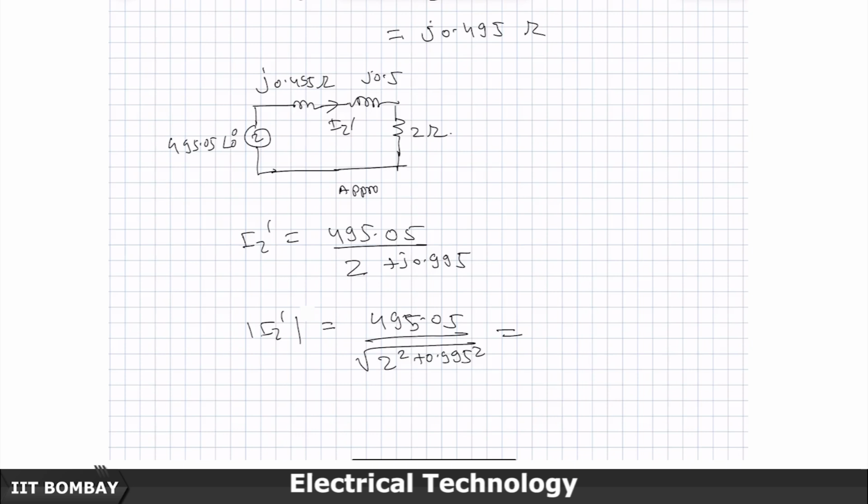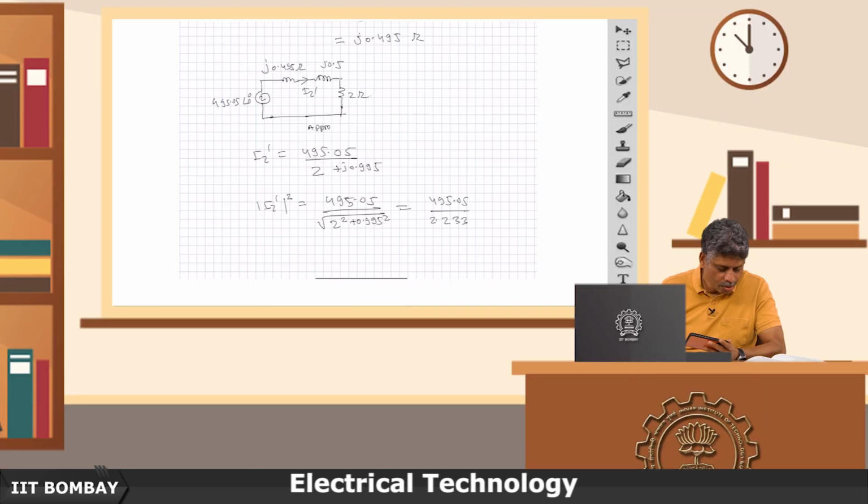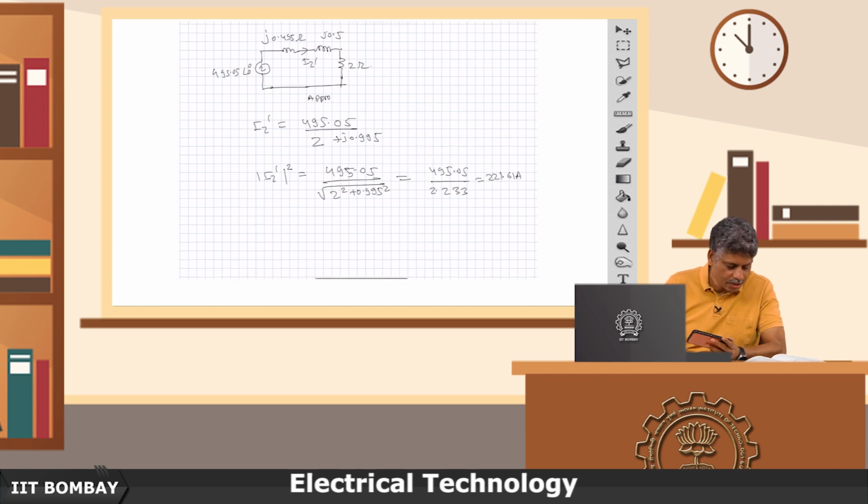The square root is 2.233, and 495.05 times 1 by x multiplied by 495.05 comes to around 221.61 amperes.